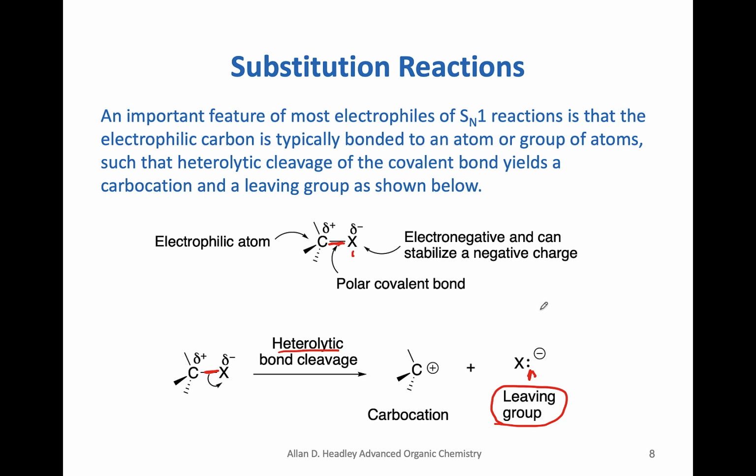So that is why we have I- as a better leaving group than Cl-, for example, because HI is a stronger acid, which means this is a weaker conjugate base compared to HCl, which is a weaker acid, and hence a stronger conjugate base, a poorer leaving group, even though it is still a good leaving group.